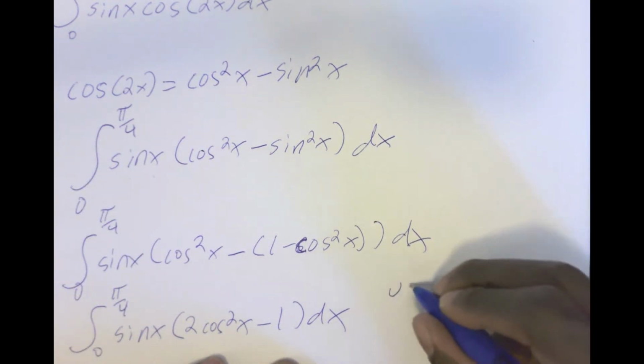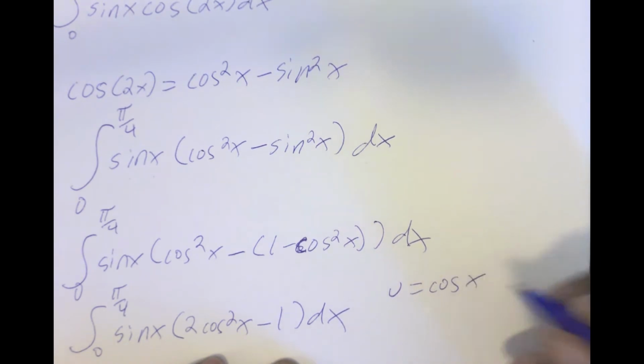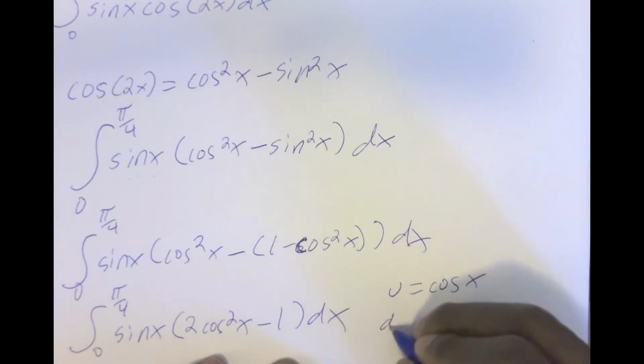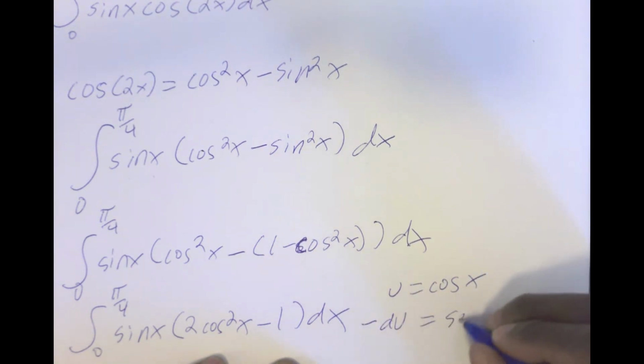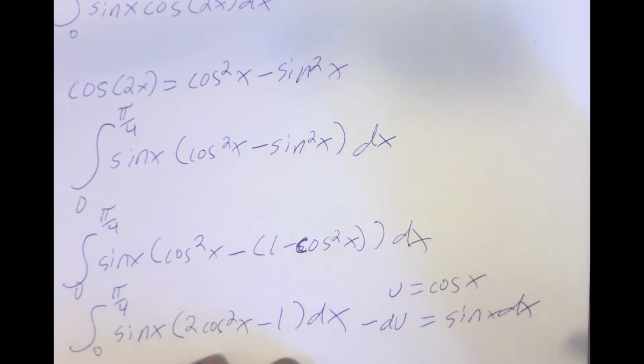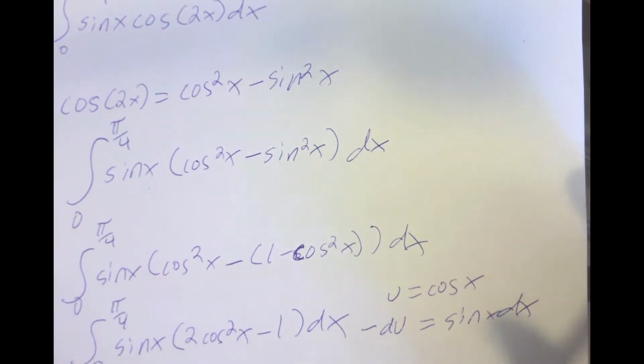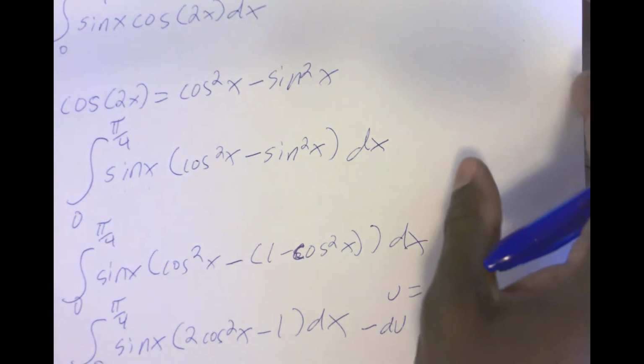So I'm going to say u equals cosine x, which means du, or negative du, is sine x dx. So you can see the substitution we're about to do. So this is going to be 2u squared minus 1, and it's going to be negative du for the sine x dx. All right, let's go ahead and write that.